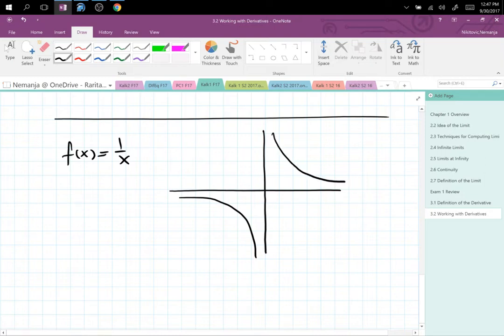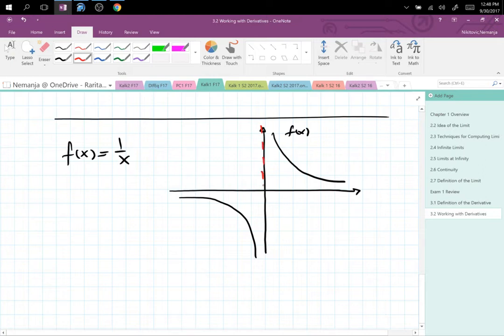Here it is. So the black one again is this. So now you're looking at this graph and you say, all right, for the derivative, I have to preserve vertical asymptotes.